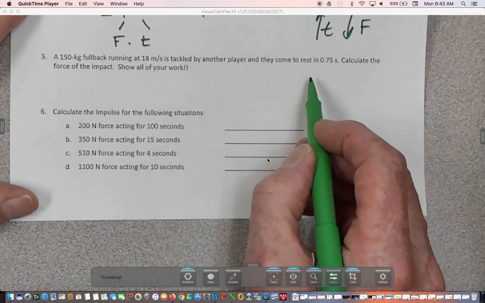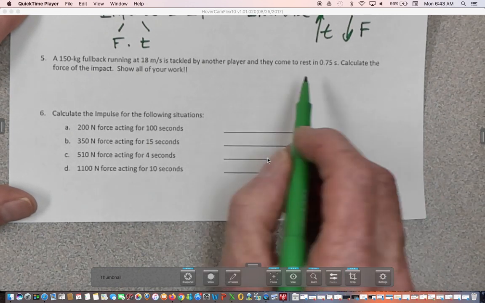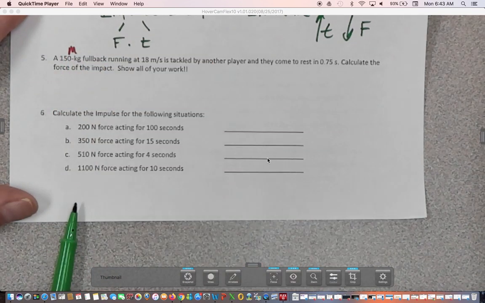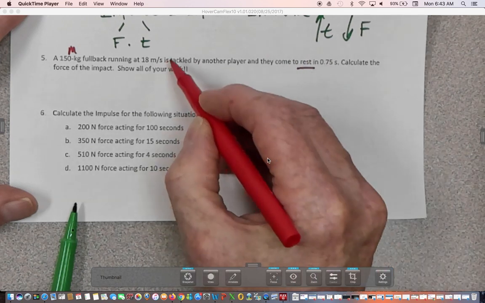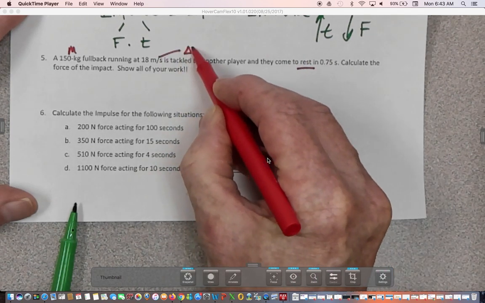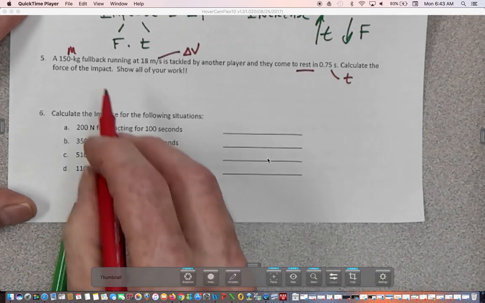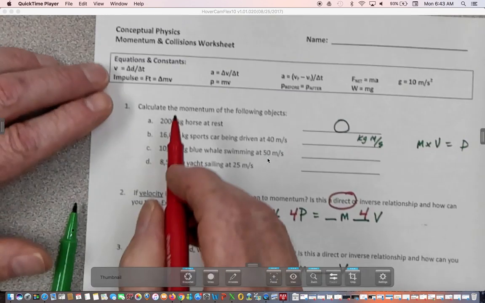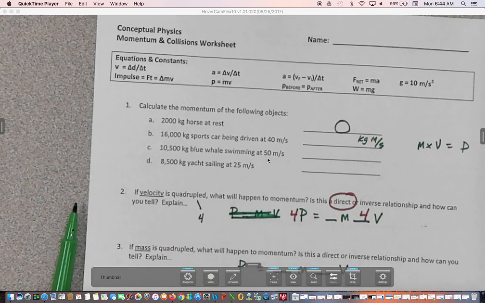Here's another example, and this will be on the quiz. You have a fullback, and this is his mass. They're going to come to a stop, so this has to be your change in velocity, and this has to be your time. Use this formula, it's the momentum impulse formula, right here, and I'll just highlight that in yellow.